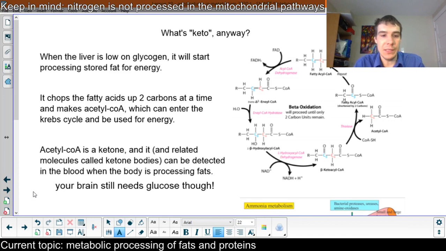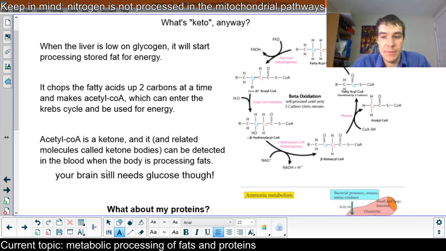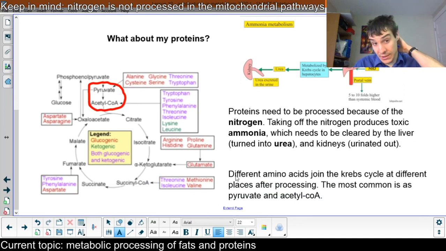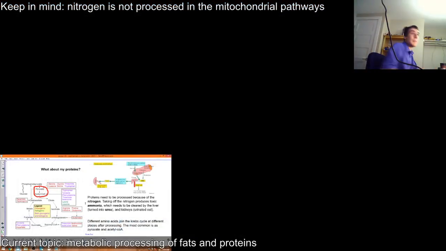So if you're really, really low on carbs, your body actually has ways to make glucose and feed the brain. But that can lead to certain types of metabolic damage. So you do need a certain amount of carbs. It's just a lot less than what most people eat during the day. So that's ketosis. Proteins. So proteins, remember that every protein is, we'll jump over to the document camera.